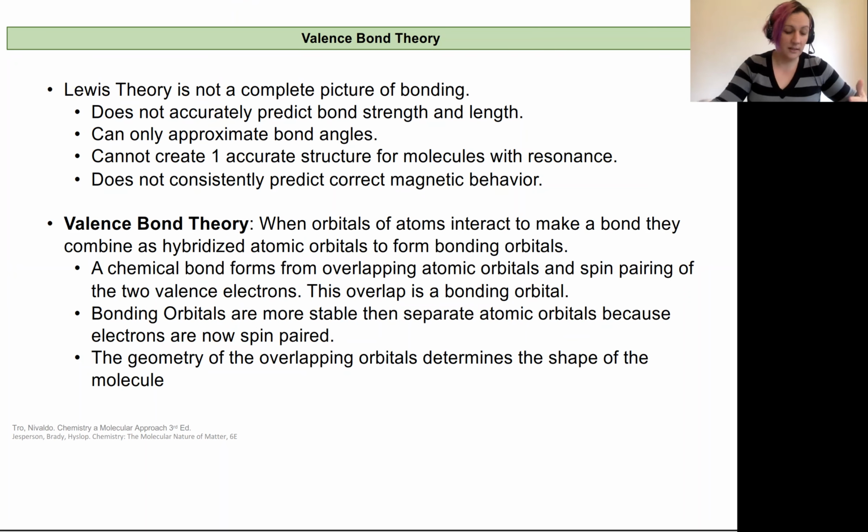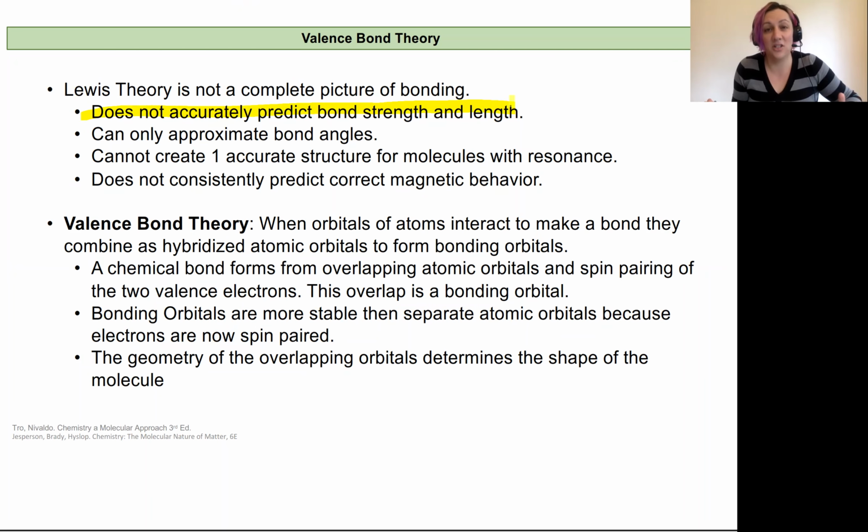Some of the reasons why we need to go deeper, why we need a different theory other than just Lewis theory, which can predict these structures, and then VSEPR theory to predict them in 3D, is that that prediction tool doesn't help us predict everything we want to predict about a molecule. It doesn't accurately predict bond strength and bond length.